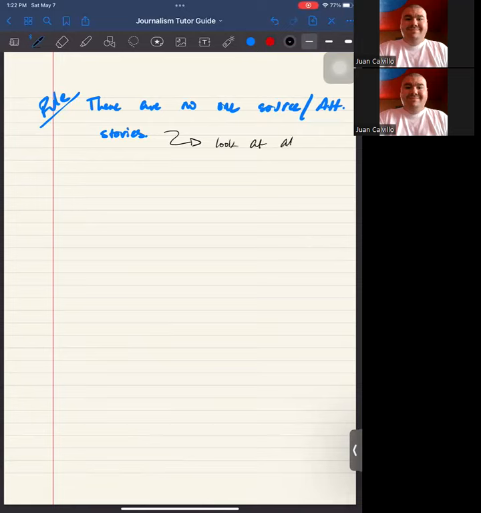Look at all perspectives and provide readers with all info. Some stories really only have one perspective.